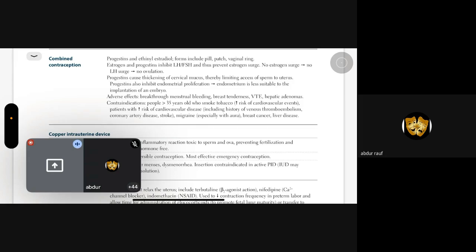How does progesterone work in case of contraception? Progesterone causes a thickening of the cervical mucus. The cervix is the opening of the uterus. Remember, guys, whenever there is intercourse, the sperms are deposited in the canaliculi of the cervix. These are known as the cervical crypts. The sperms get deposited in the cervical crypts.